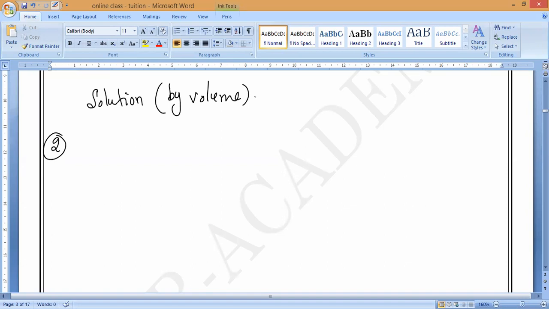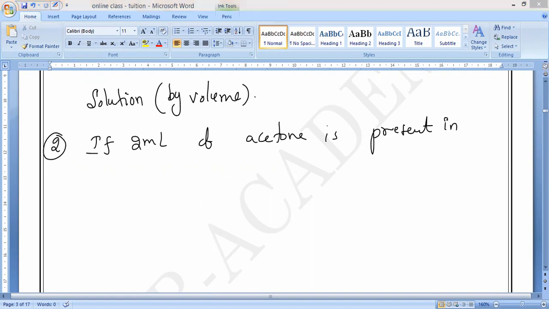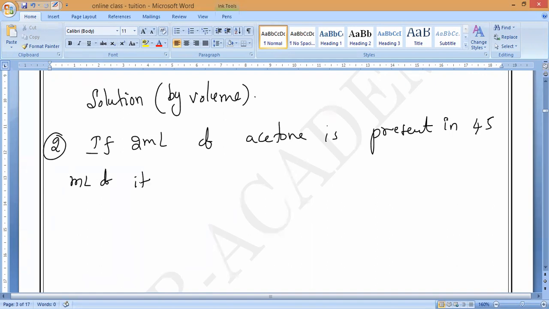If 2 ml of acetone is present in 45 ml of its aqueous solution, calculate the concentration of the solution.